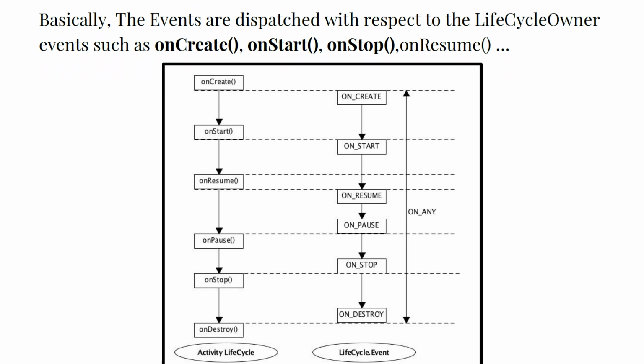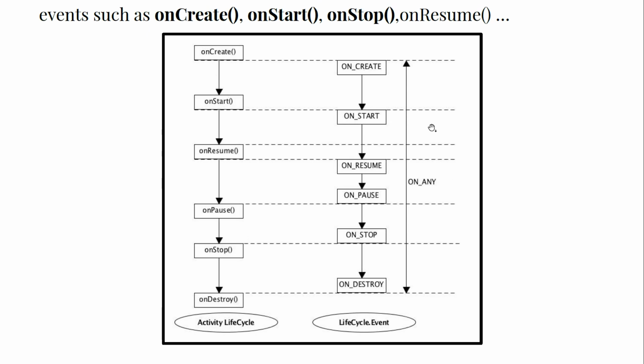We are going to create the app that tells us how these life cycles work exactly and in detail. Basically, the events are dispatched with respect to the lifecycle owner events, such as on create, on stop, on start or on resume. We have seen the on create event is called, then on start, resume, pause, and on stop.